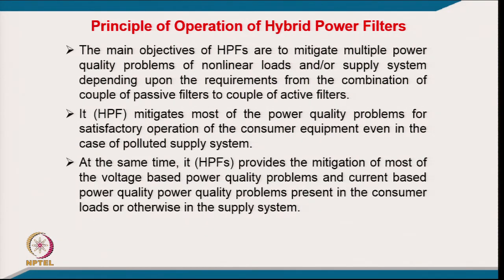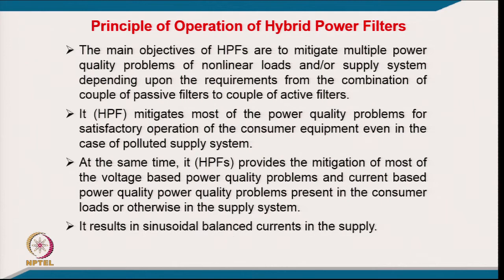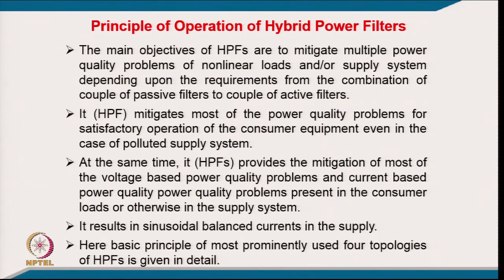At the same time, the hybrid filter provides mitigation of most of the voltage based and current based power quality problems present in the consumer loads or in the supply system, and it results in sinusoidal balanced supply current in the supply.